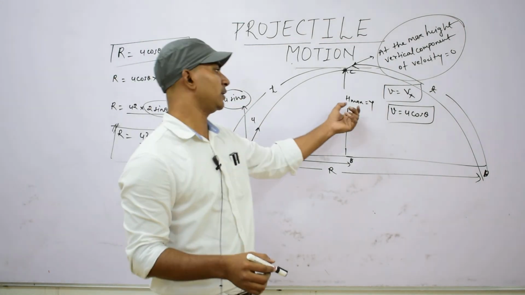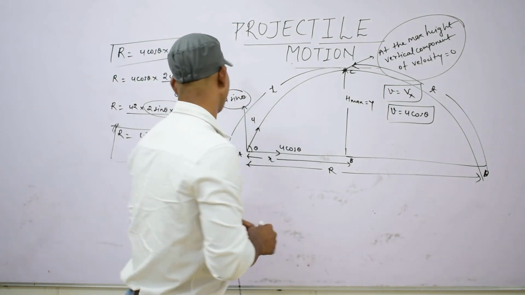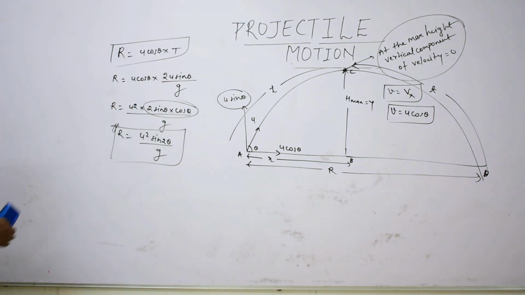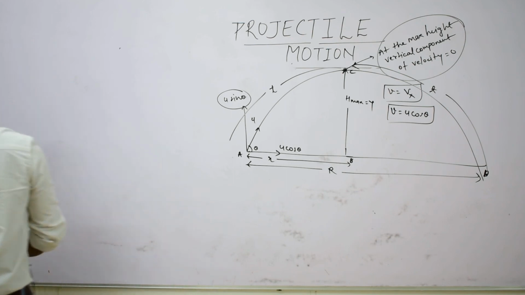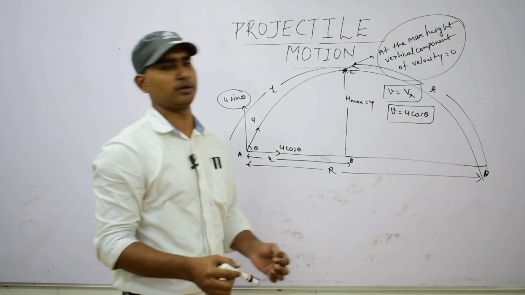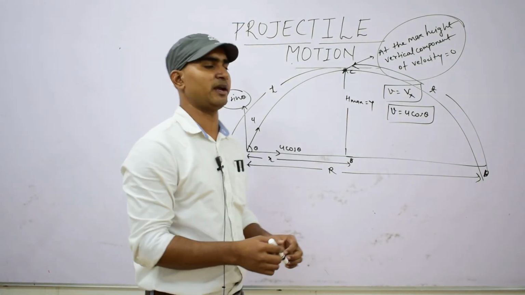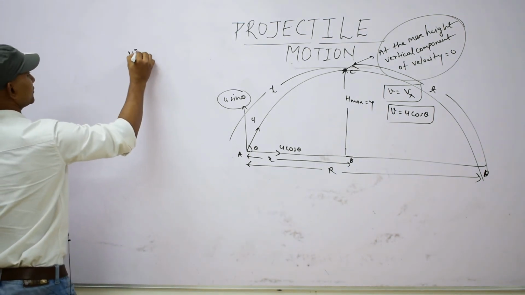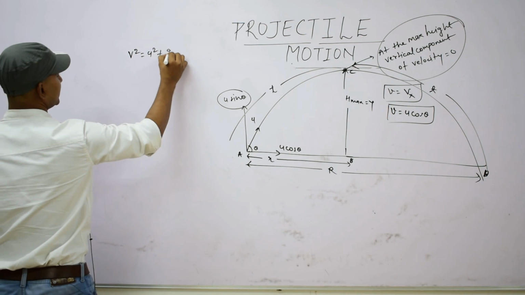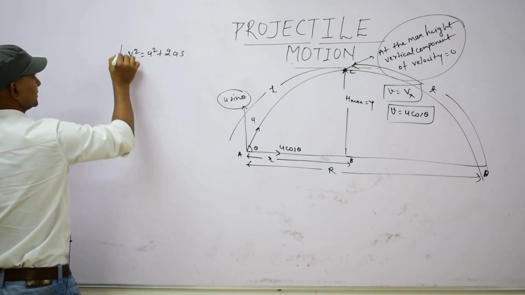One more parameter, h max, we can find just by using the third equation of motion. Let's suppose we need to find h max, so we can use the formula v square is equal to u square plus 2as.